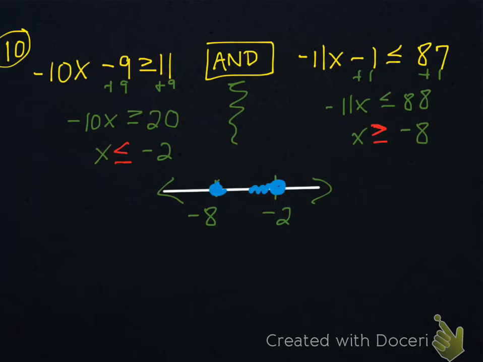Okay? And from negative 8, it says shade to the right. So it meets in the middle. So we have our sandwich, just like we thought we would because we had an and statement. So interval notation is from negative 8 to negative 2. Both have closed dots, so they both get brackets.